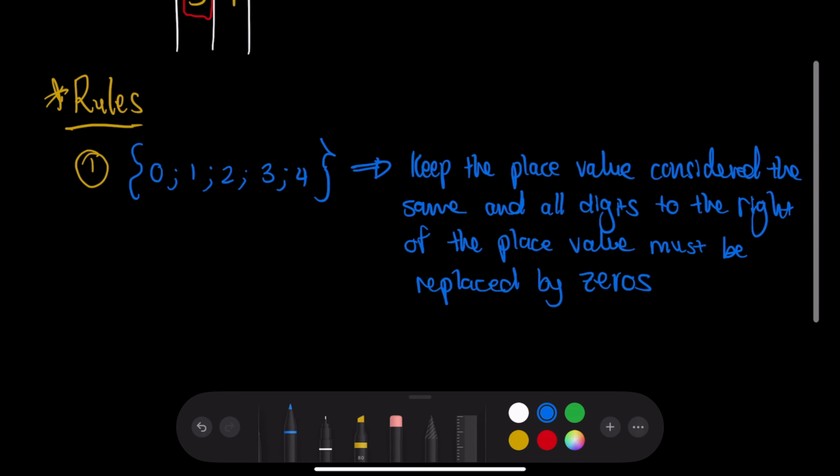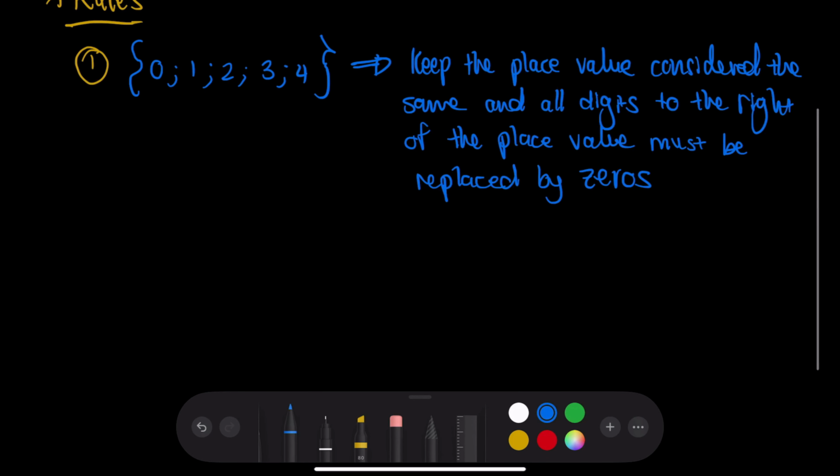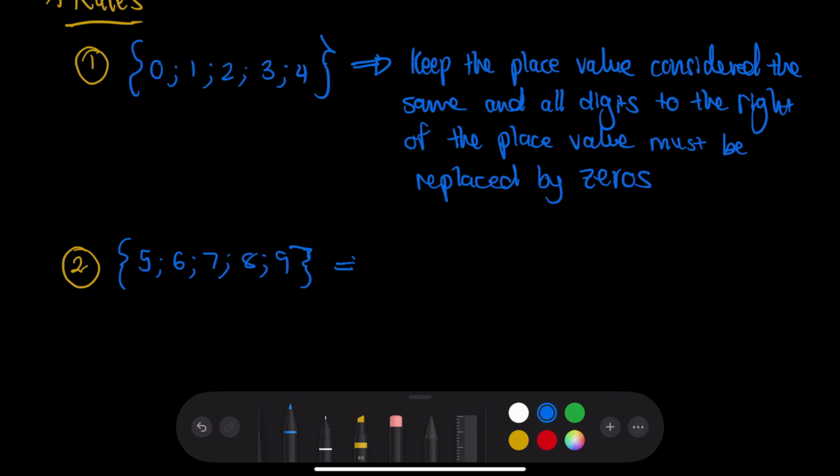Then secondly, if I have digits 5, 6, 7, 8, 9, then I need to increase the place value by 1.